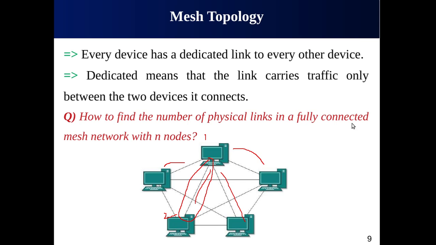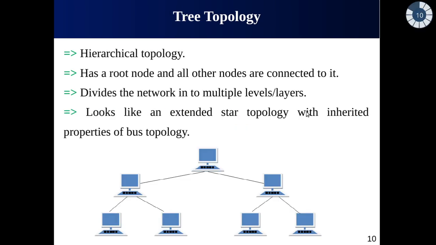Okay, so this was about the mesh topology, and now we have the tree topology. You must be aware of the tree concept in the data structure, which is like a hierarchical relationship among nodes, a non-linear data structure. So the tree topology is also known as hierarchical topology because of the type of linkages that we have among the nodes.